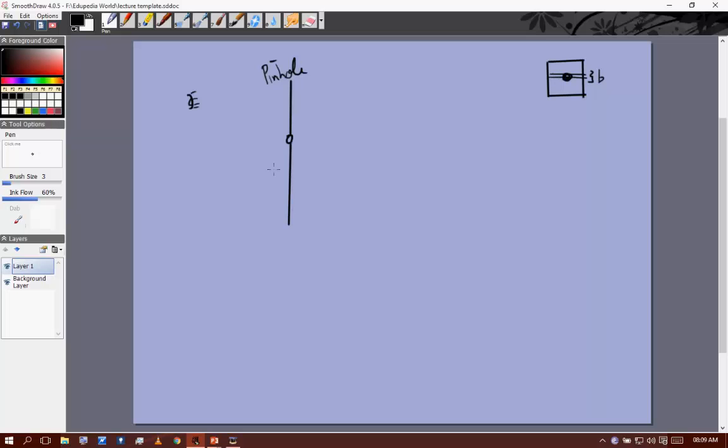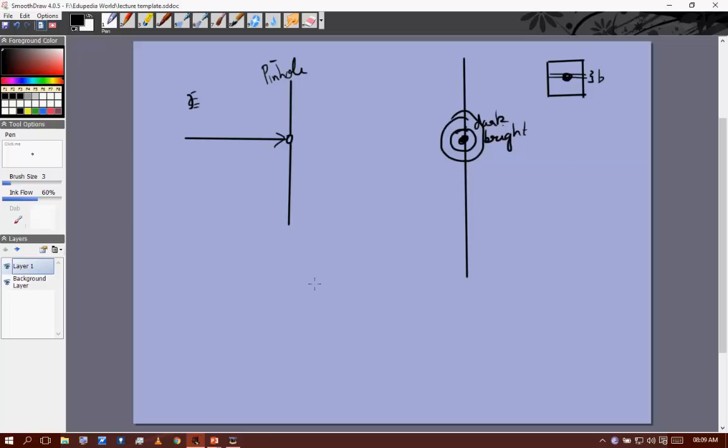When light passes through a pinhole, what we get is, instead of wide bands which we were calling fringes, we actually get circles. We get a bright spot, then a dark circle, then a bright circle, then a dark circle, right?